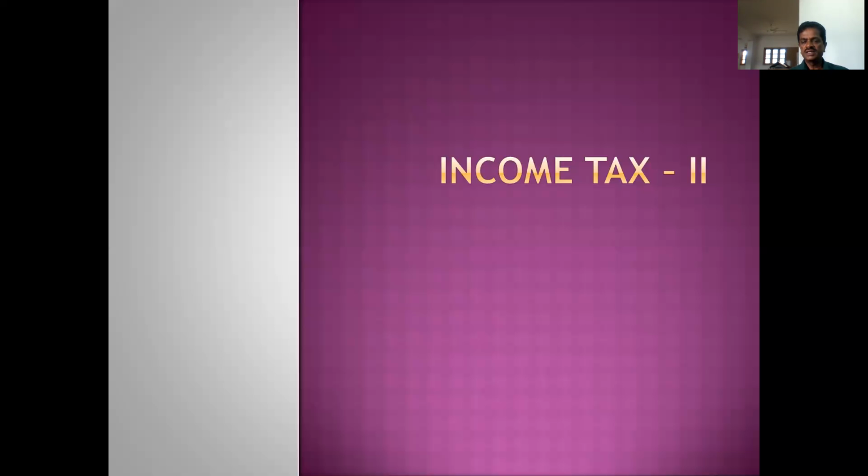Ultimately, we are getting the taxable business income. So first we must be familiar with the list of admissible and inadmissible expenses and incomes. That will be followed according to the format. This is the outcome of income from business.